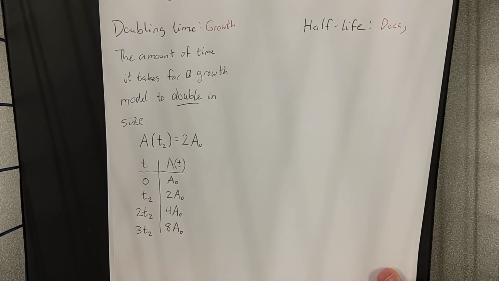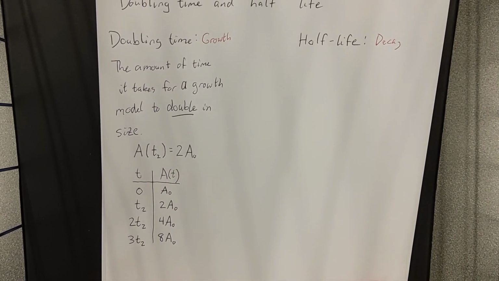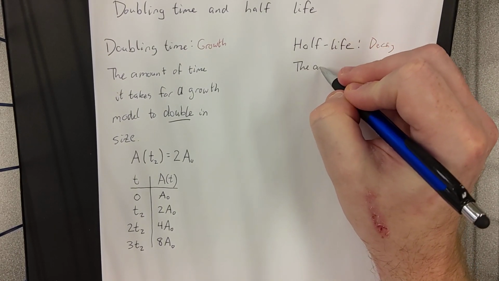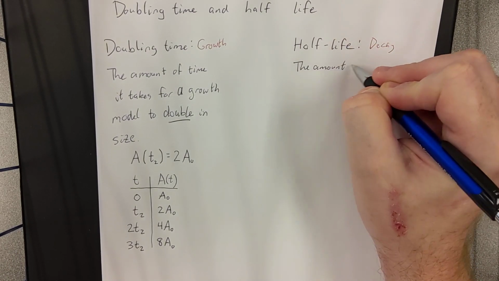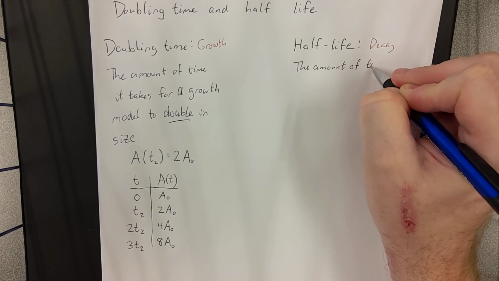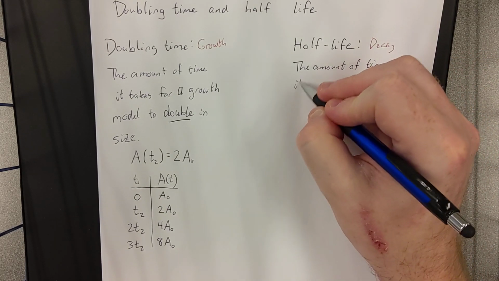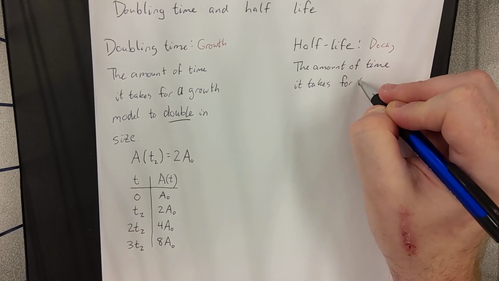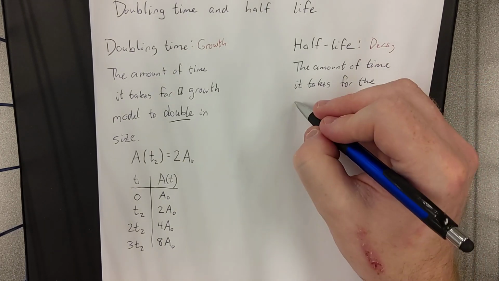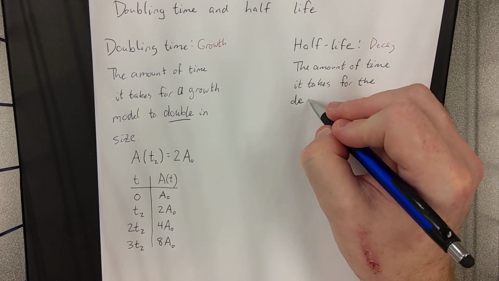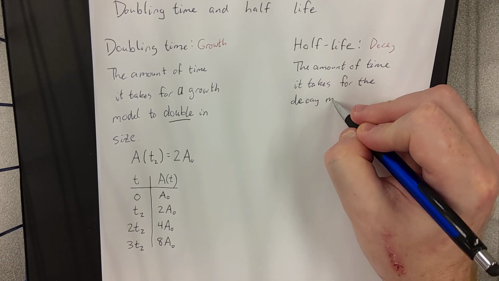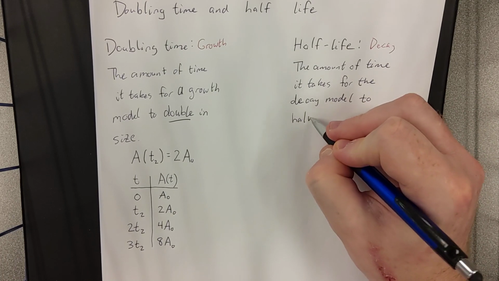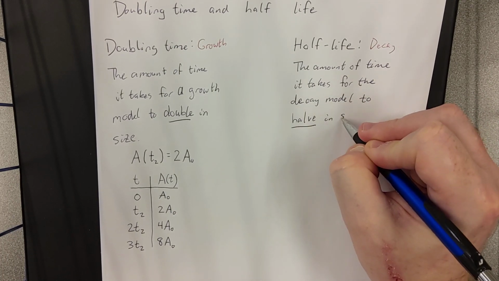Now, the corresponding quantity on the decay side of things is known as a half-life. This is the amount of time it takes for the decay model to halve in size.